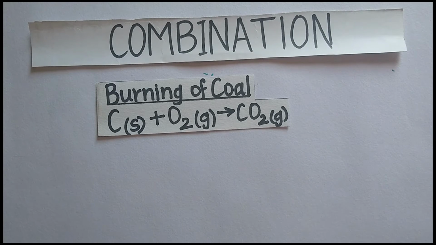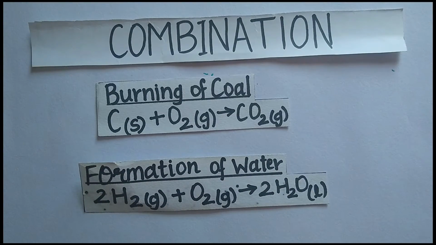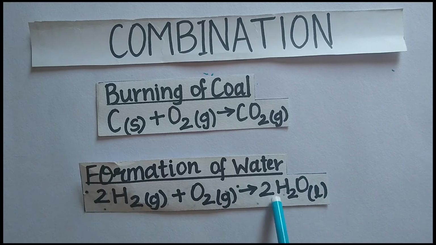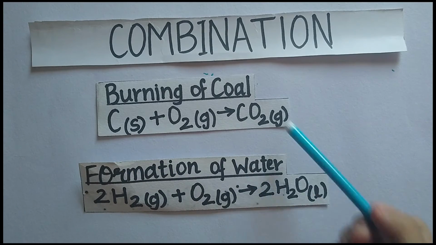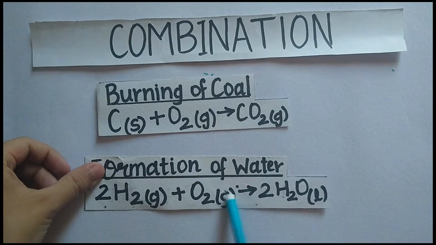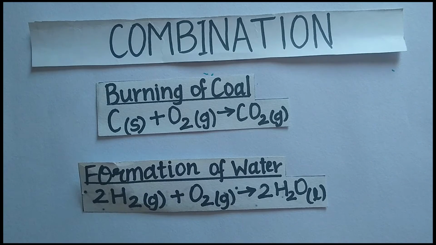Then we have another example, the formation of water, where hydrogen reacts with oxygen to give us H2O, which is nothing but water. And remember, the state of all these elements is important. That is why it is being noted down for every element, in every reaction from now on. So remind yourself to write down all of these equations, alright?